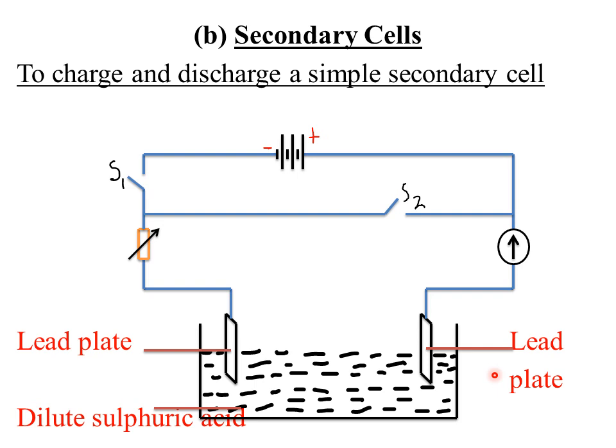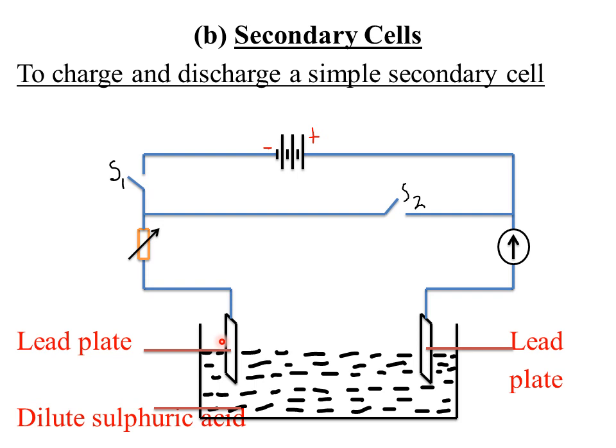It is observed that the positive plate, the anode, this plate here, turns dark brown, while the negative plate, which is our cathode, this plate here, is the negative plate because it is connected to the negative terminal of our battery in this particular case.